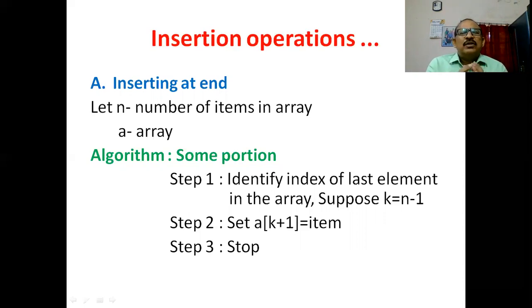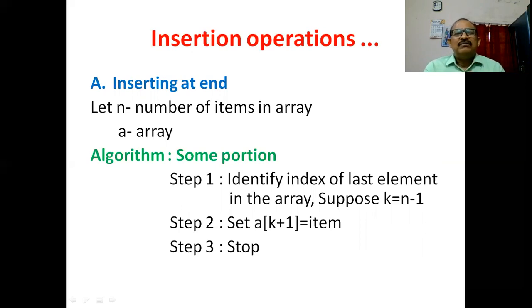What do you have to know? We must know the last element of the array. If you know the index of the last element, then it is very easy to insert an item in the list. The question is, how will you know the last element index?